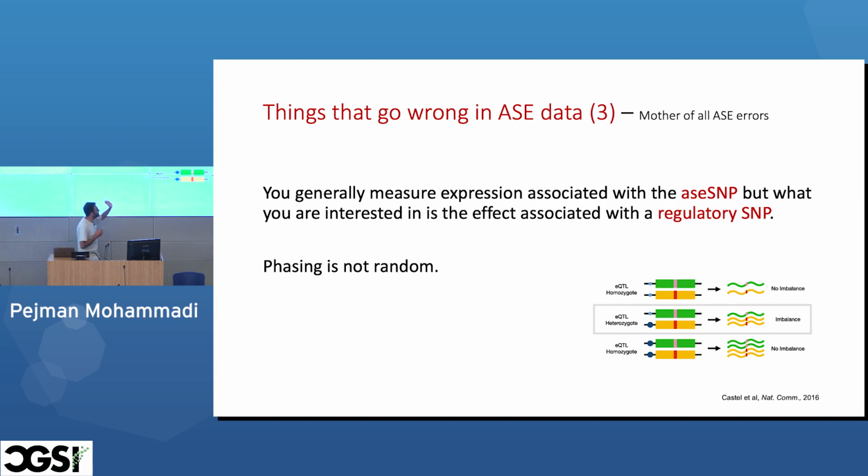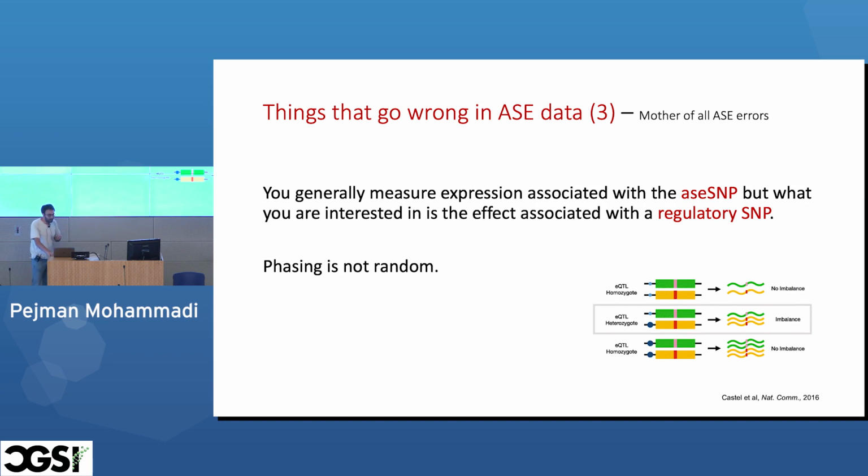It's an ASE SNP, a coding SNP that is sitting here. But what you actually care about most of the time is an entirely different SNP sitting somewhere in the non-coding genome, which is interacting with this SNP in some sort of LD pattern, I mean statistically. And the phasing is not random. Sometimes they're on the same phase, sometimes they're not, but it's not fully random.